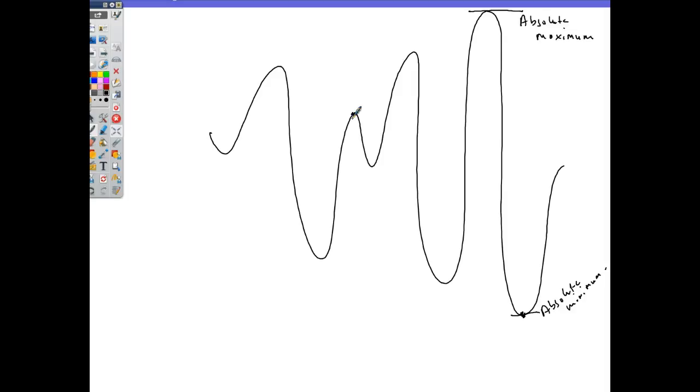We're going to call it a relative, or local maximum, which means compared to the two directions, left and right, it's a maximum. But compared to the whole entire graph, maybe not so much. Make sense? All right.